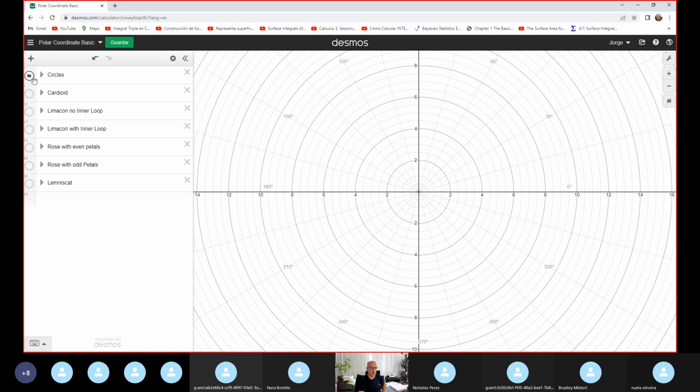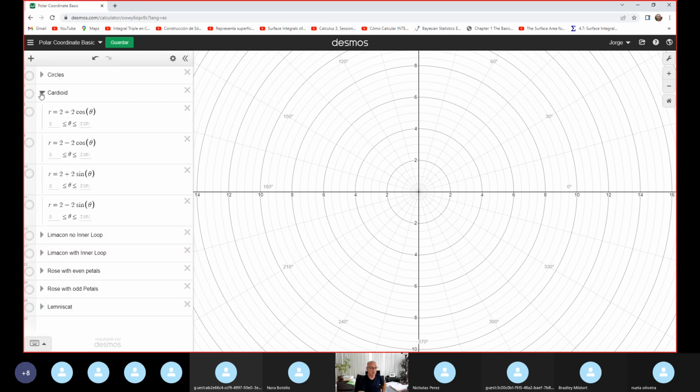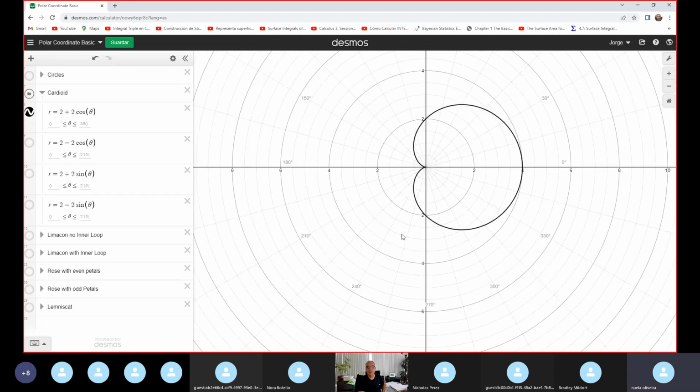So we have different kinds of hearts. Look, we have cosine positive. Boom. Do you think it looks like a heart? Yeah, it does. An apple too. Or an apple, okay. But the name is cardioid. The ancient mathematicians saw it and said, wow, it's a heart. Because they fell in love, maybe. I don't know.